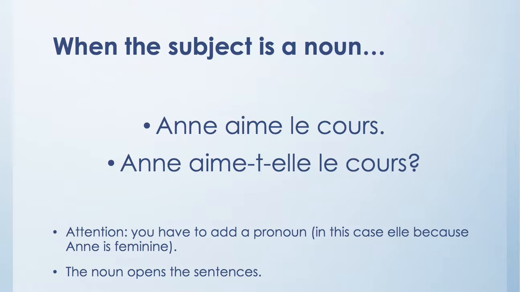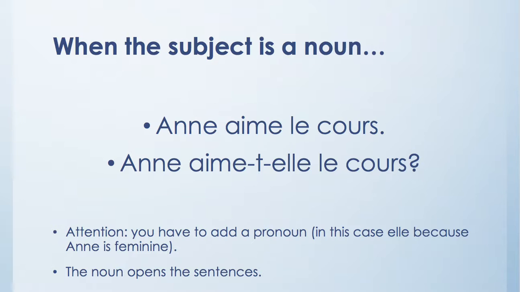And when I have a noun as a subject, like in this simple sentence, Anne aime le cours. So I don't have elle aime le cours, but I have a noun, Anne. In this case, I start with the noun, Anne, and then I make the inversion by adding the corresponding pronoun, which is elle, because Anne is feminine singular.